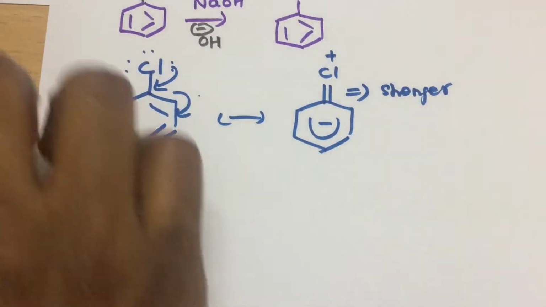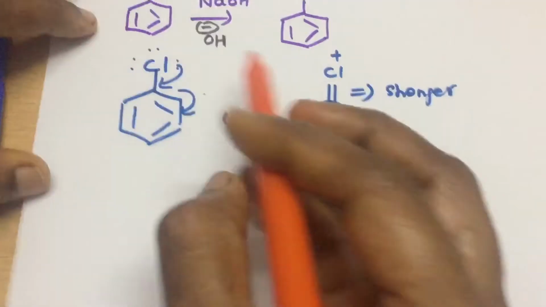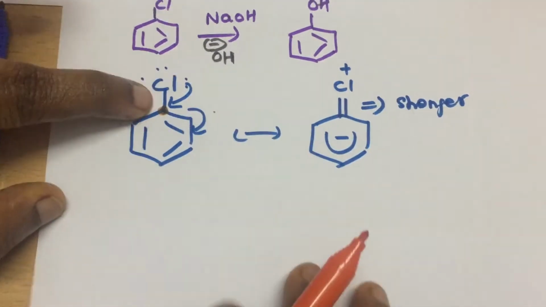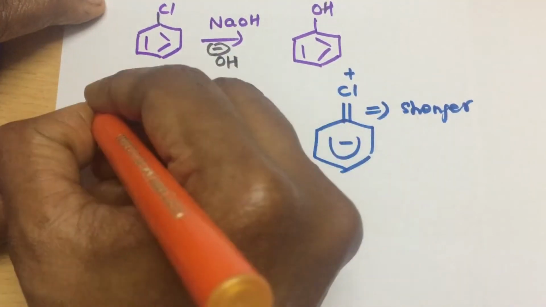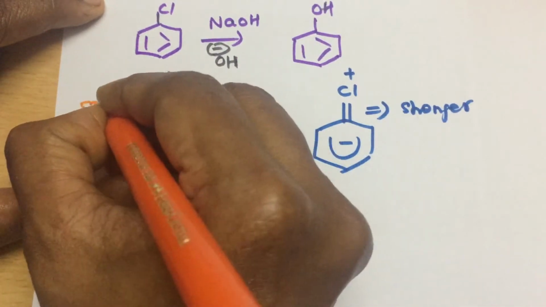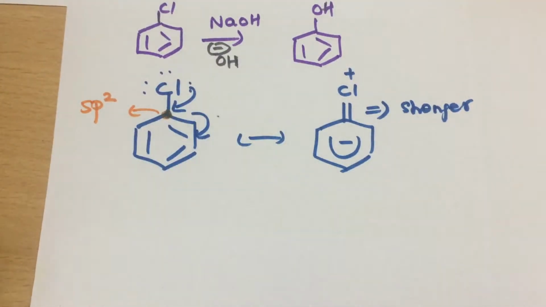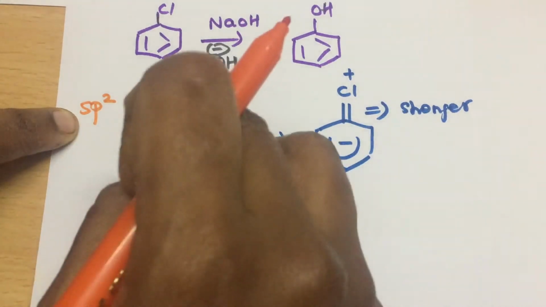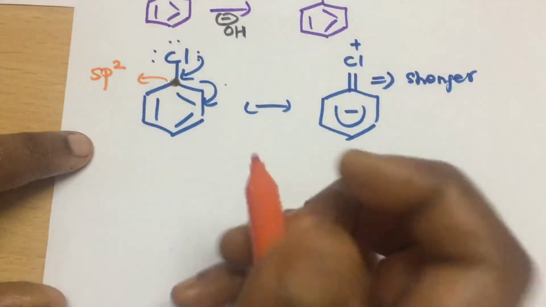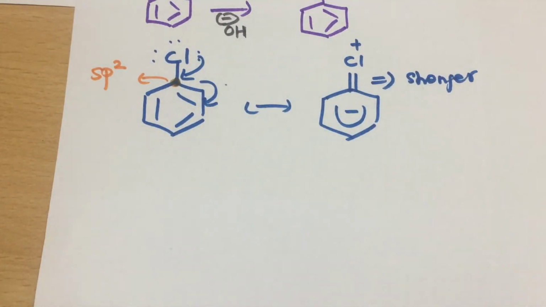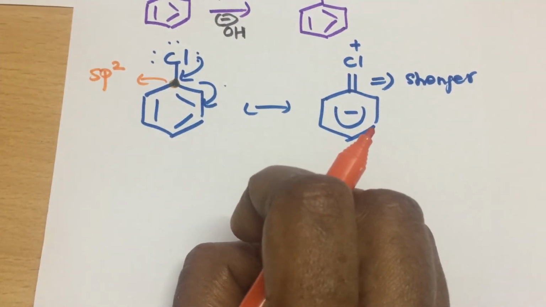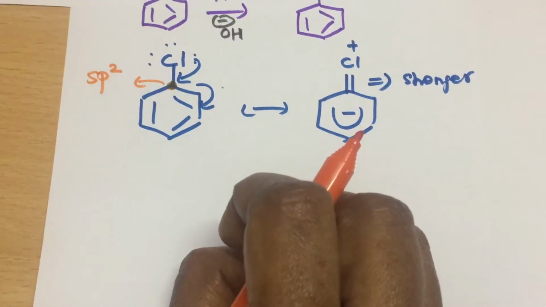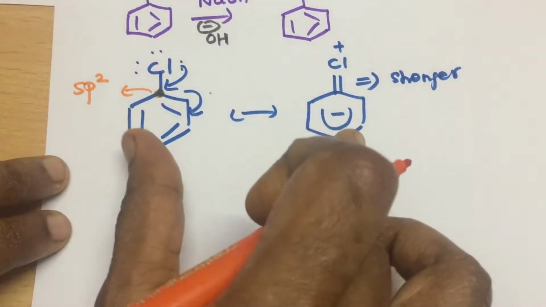And one more thing: the carbon to which the halogen is attached is sp2 hybridized. It is sp2 hybrid, so it has more electronegative character. So also for this reason, the aromatic halides will not easily undergo nucleophilic substitution reaction, for these two reasons.